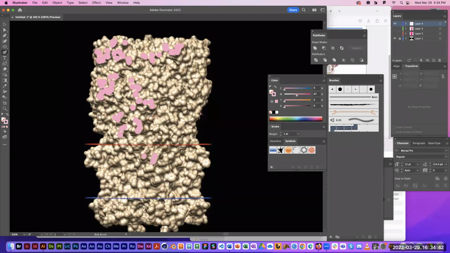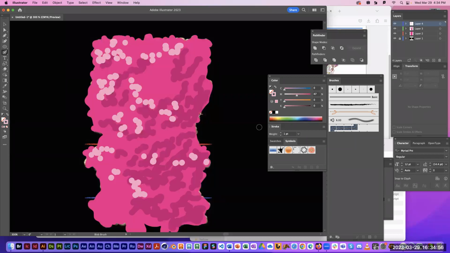I'm obviously not doing this with a great deal of care. I'm being kind of sloppy now. I'd be a little bit more precise if I wasn't rushed for time. But you start to get that, and I'd tweak these colors a little bit.